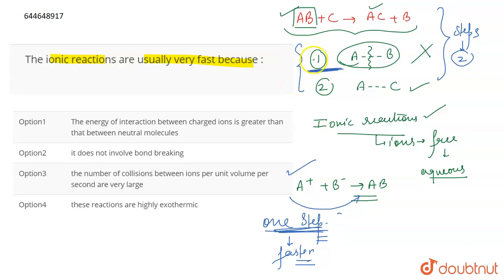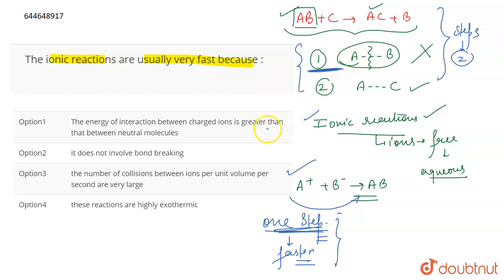First, the bond breaking will take place, and then the bond formation will take place. Whereas in ionic reactions, only one step is involved. Ions are combining and forming a bond. So therefore, these reactions are faster because they take place in fewer steps, and also because it does not involve bond breaking, a simple bond formation is taking place.